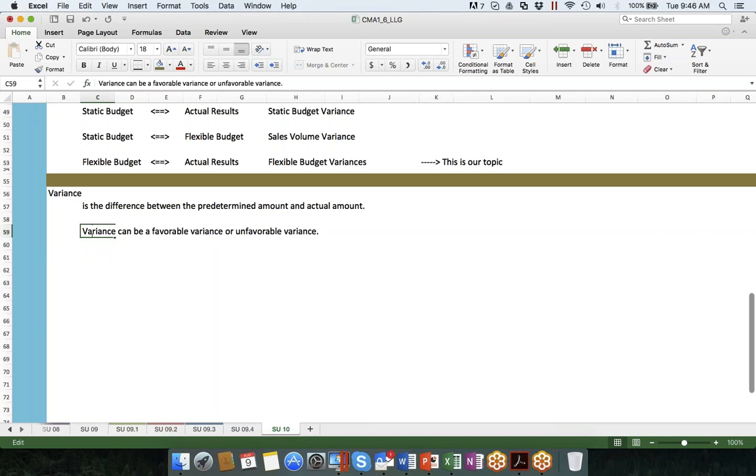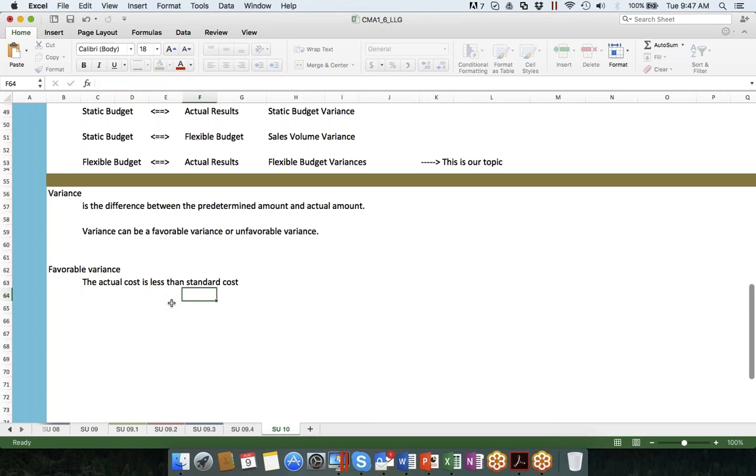Favorable variance means the actual cost is less than the standard cost. Say, for example, the actual cost you incurred is less than the standard cost we predetermined, and it is denoted by the letter F, favorable. So the actual cost is less than the standard cost.